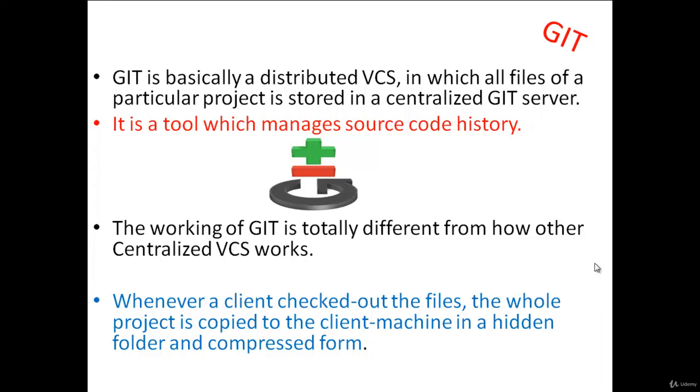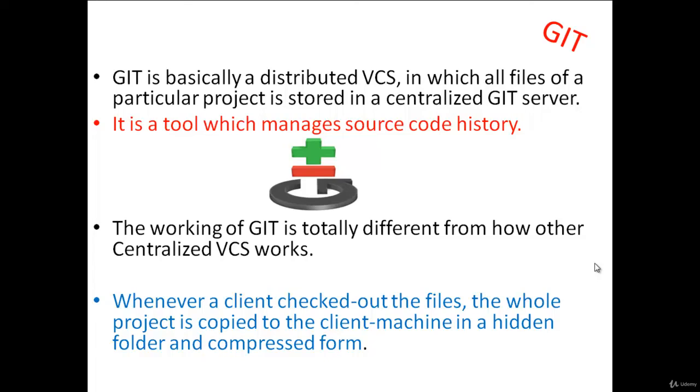So Git is basically a distributed version control system in which all files of a particular project are stored in a centralized Git server. The centralized Git server is what GitHub is, right? It's a tool which manages the source code history. That is the major task of Git.